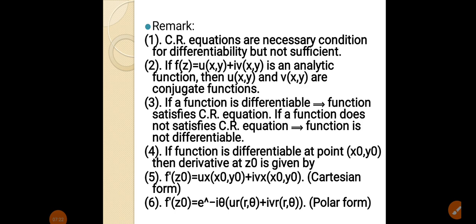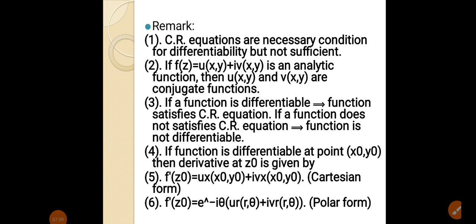Third, if a function is differentiable, it satisfies the CR equations. If a function does not satisfy the CR equations, it is not differentiable. This is a necessary condition.